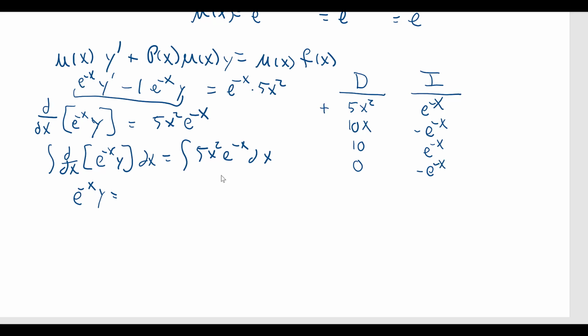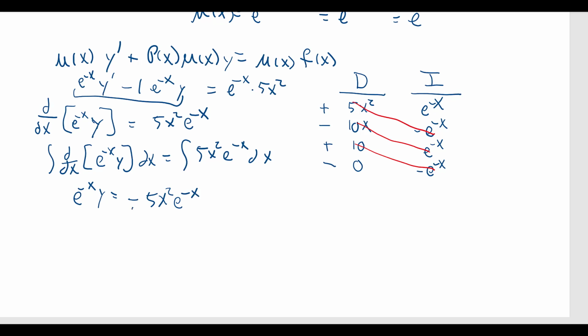And we go plus, minus, plus, minus. And then we're looking at this pattern here, going down diagonally. So we have plus 5x squared times e to the -x. So that's going to give us negative 5x squared e to the -x.